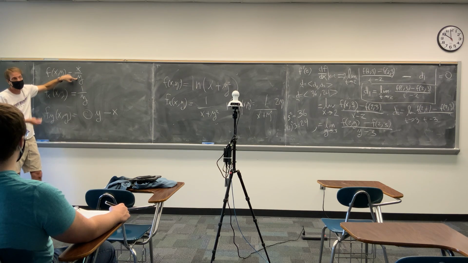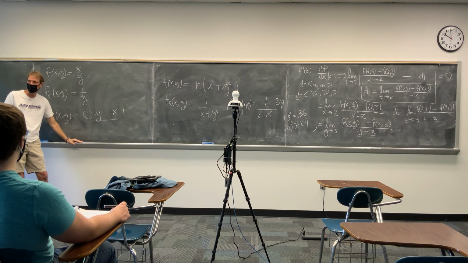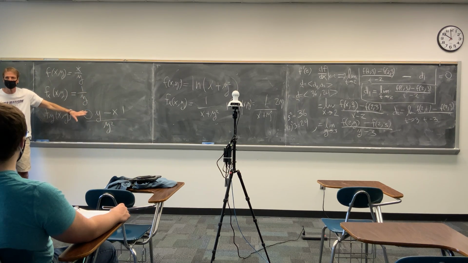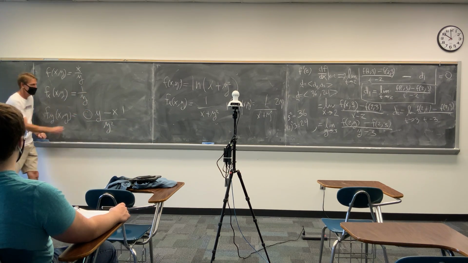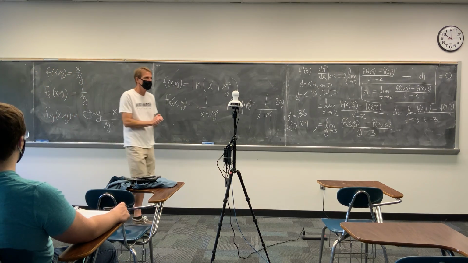The partial of y with respect to y is 1. And in quotient rule, what goes on the bottom? Bottom squared. Do you see how we end up with the same thing they got? This term dies, and then we're left with minus x over y squared.